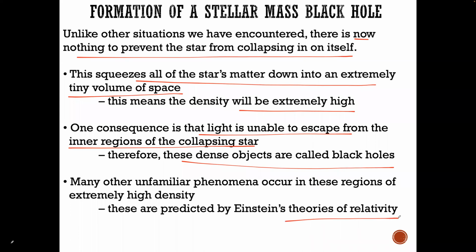This is why these black holes become such extreme objects to people, because the phenomena that happen around the vicinity of black holes cannot be explained by Newtonian physics most of the time, because of the extremely dense conditions that you have. The space and time behave in a completely different way around the vicinity of these black holes, right?